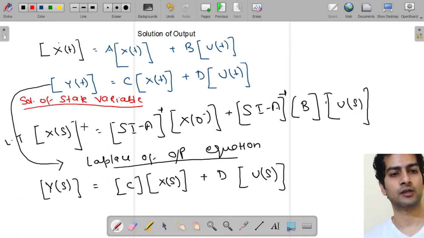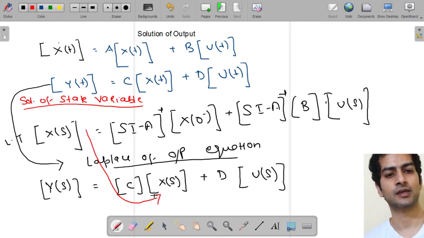We will put the solution of state variable X of s here.